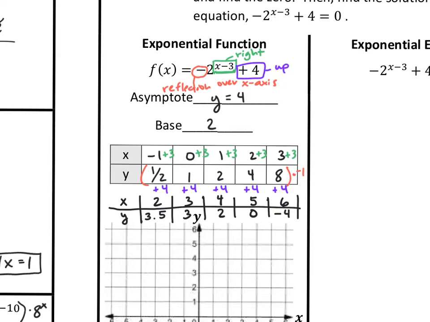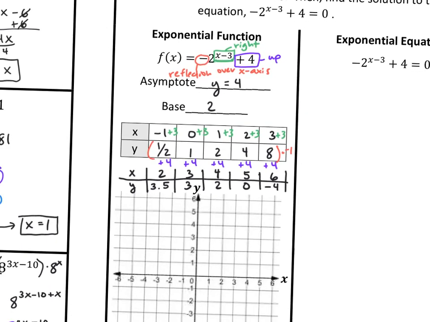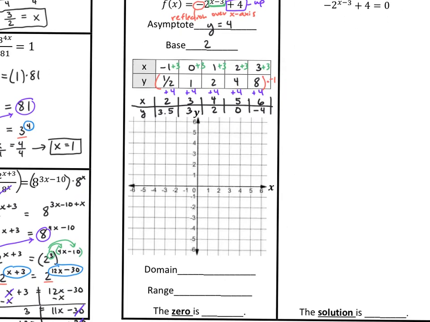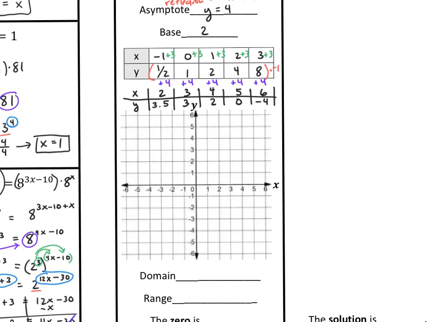Okay, so those are my new values. And that's what I'm going to plot over here. So first point is 2 and 3.5. 2 and 3.5 would be about here.